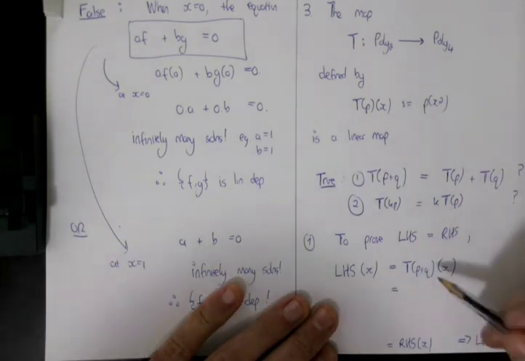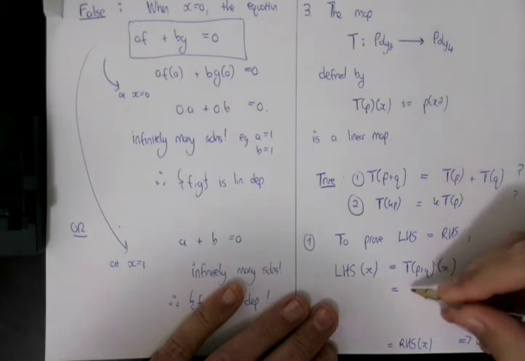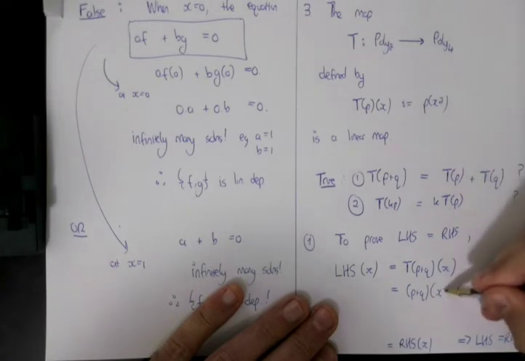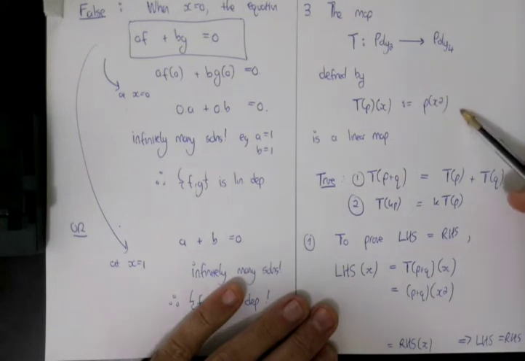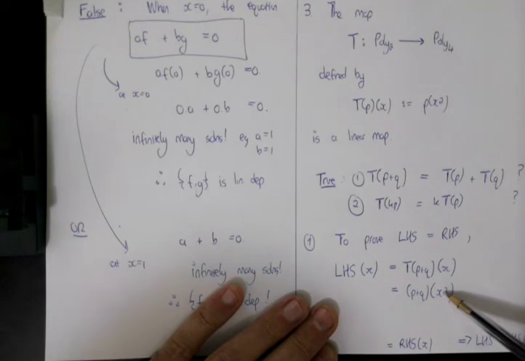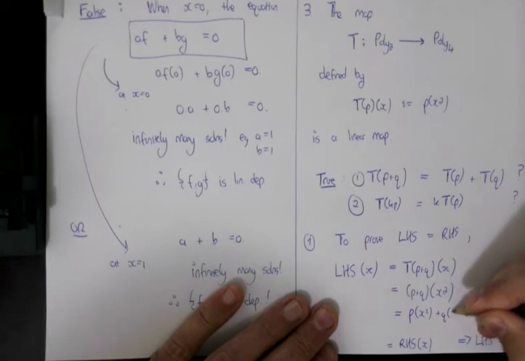Okay, how do I evaluate this at x? Well, I need to go look at the definition of what this function is. The definition of it is you must take this function, p plus q, and then evaluate it at x squared. That's the definition of what T does to p plus q. P plus q as a function evaluated at some number, by the definition of how addition of functions works, is p evaluated at that number plus q evaluated at that number.